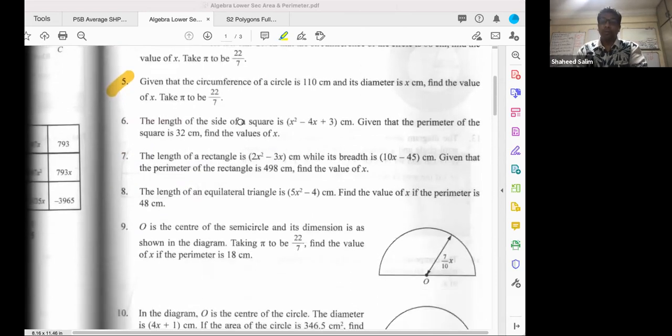Anyway, let us start now. Question number 8. Let us see. So Akila, the answer is correct. 14 is the answer. The length of one side, you're saying. The length of one side.